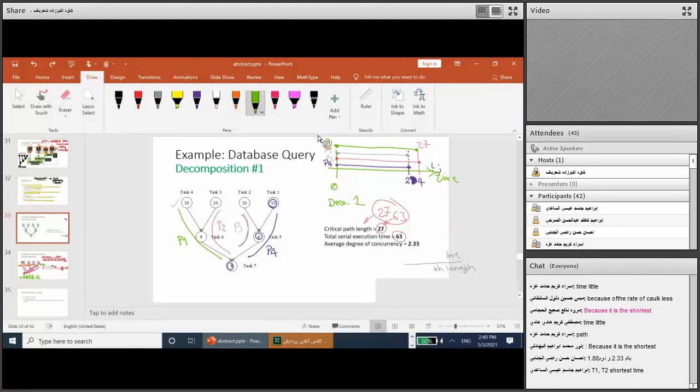Please pay attention. We have 4 paths that all start together at time 0.